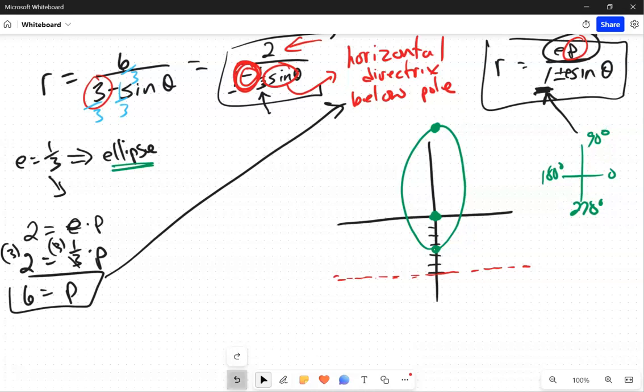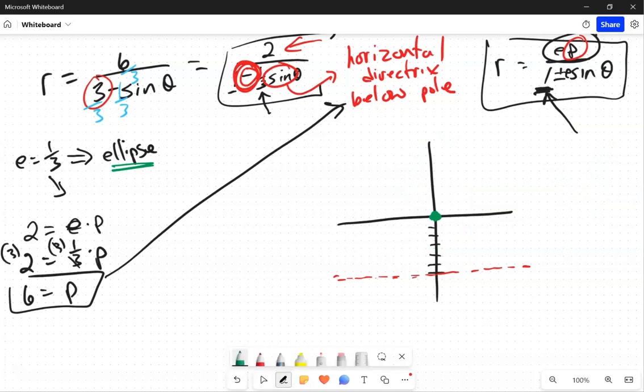Let me get this back out of the way so we can actually do the math. There we go. Remember, I'm going to be using 90 and 270 in either this equation or this equation. It doesn't matter. I'm going to go with this original one in black because there are no fractions there.